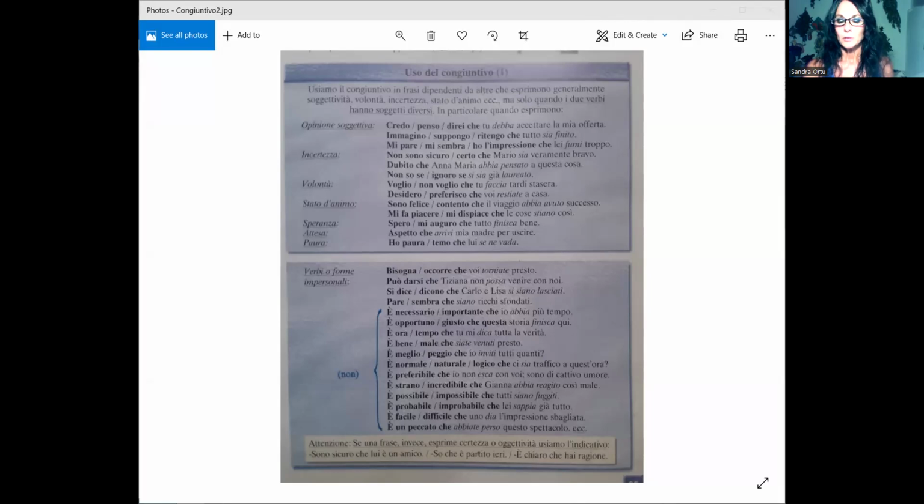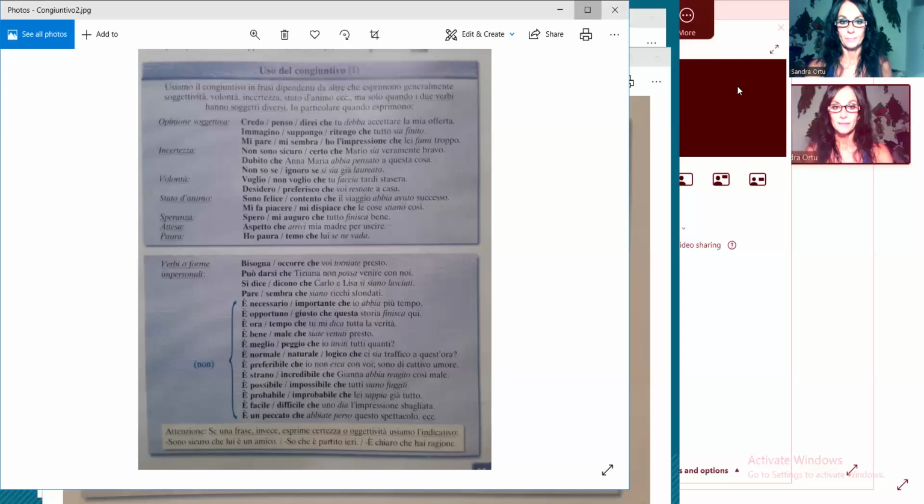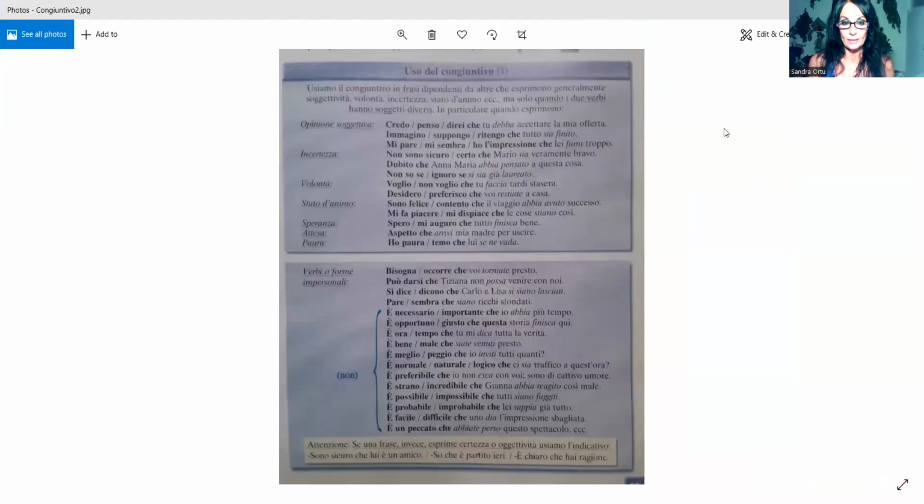Oh, no, we don't want this one. We want this one. Yeah. So here we have, as I said, a group of expressions that we need to use before the subjunctive, before congiuntivo.